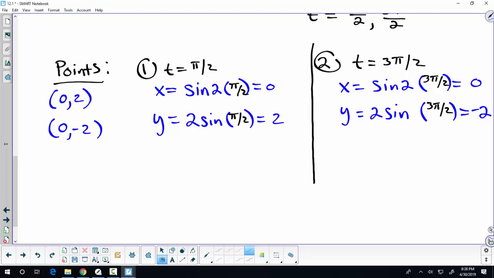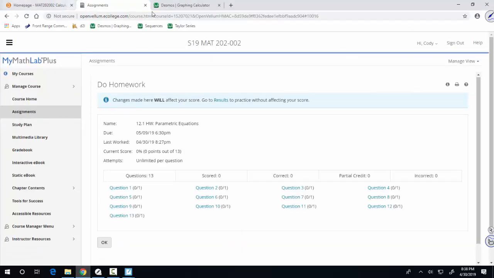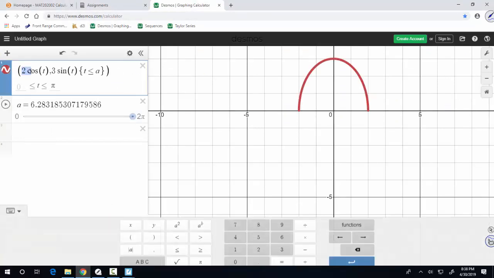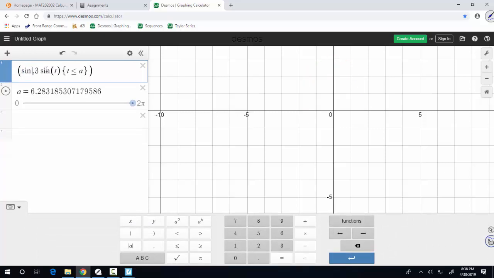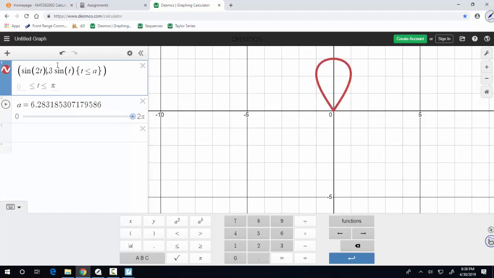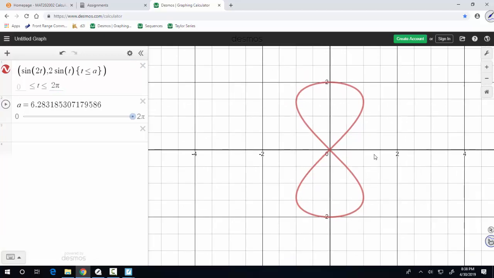Let me just show you the graph, just to kind of solidify that we are on the right track here. All right, so notice the graph of that curve.